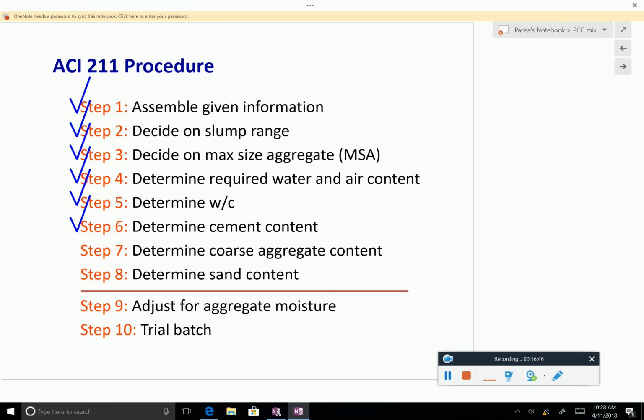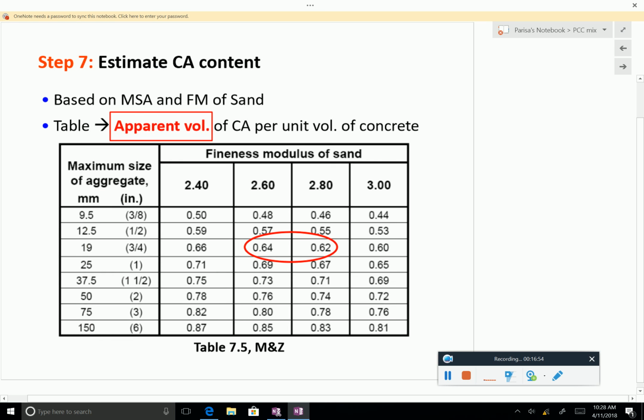Now we have to find coarse aggregate content. Here we need to use another table again. There are a few details about this table important to pay attention to. And the most important one is that this table gives apparent volume.